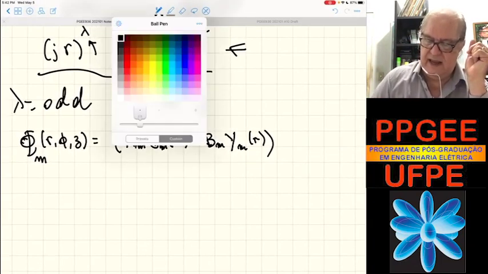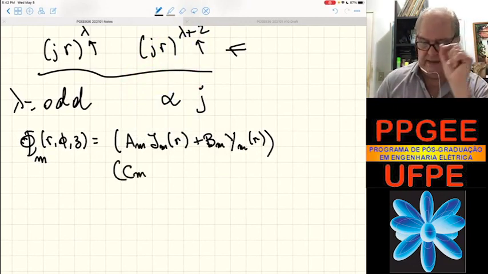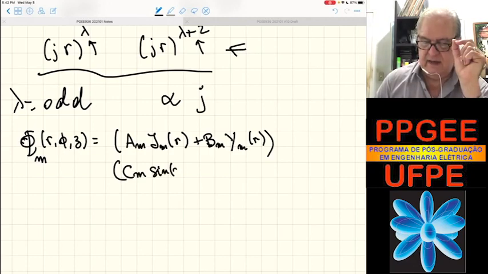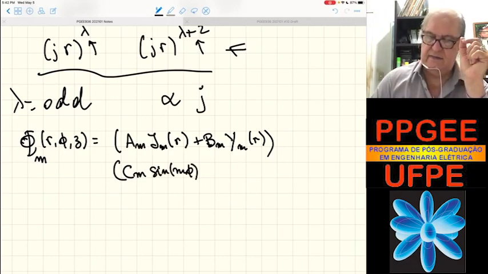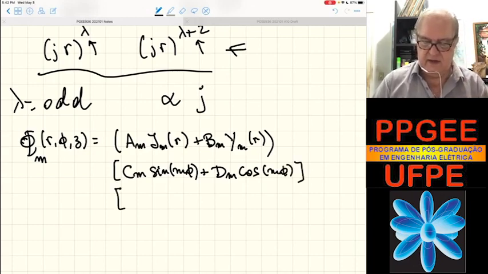Then I'm going to put all the constants here: Cm sine m phi, plus Dm cosine m phi, and I'm going to put another constant Em.